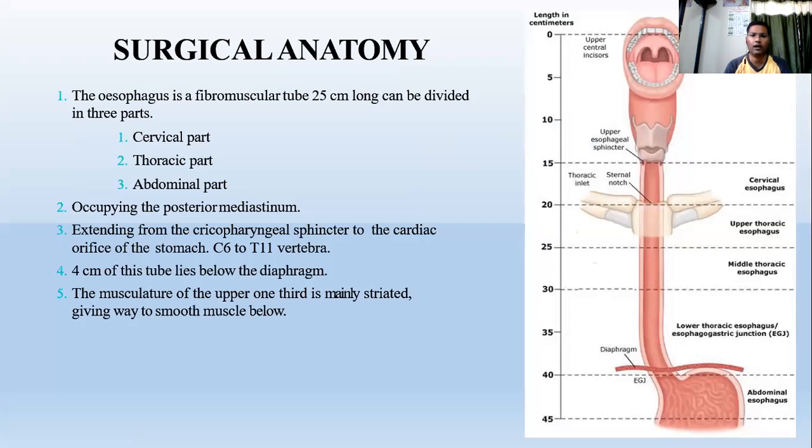The esophagus extends from the cricopharyngeal sphincter to the cardiac orifice of the stomach, that is C6 to T11. That is the thoracic part, and just below the diaphragm, about 4 centimeters, is the abdominal part.